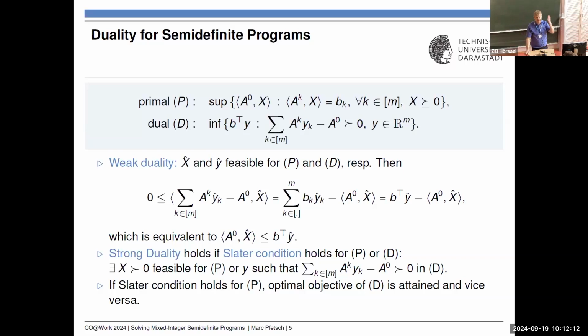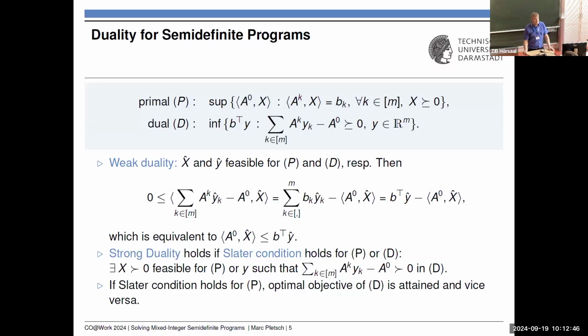And this sum is nothing else than the inner product of b and y hat. Because this difference is greater or equal 0, the value of this feasible solution X hat, the inner product of A naught and X hat, is less or equal than b transpose y hat, and this means the value of the primal is less or equal to the dual. Very easy. It's almost exactly the same proof as for linear programming.